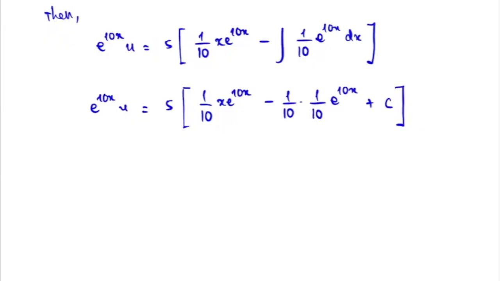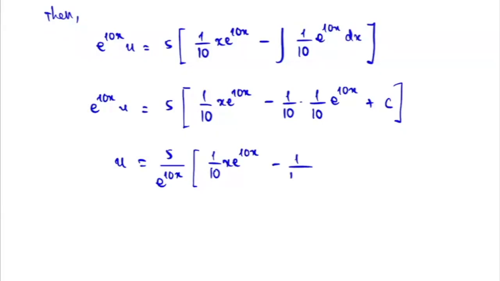Now if you divide both sides by e to the 10x, you obtain u. So u is equal to 5 over e to the 10x, times 1 over 10 times x times e to the 10x minus 1 over 100 times e to the 10x, plus constant c.